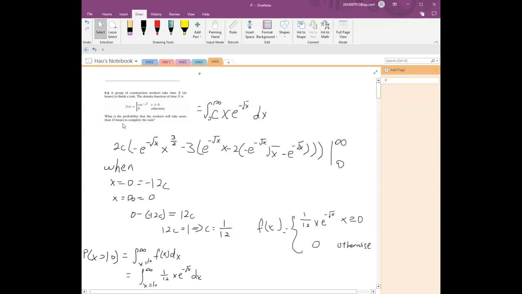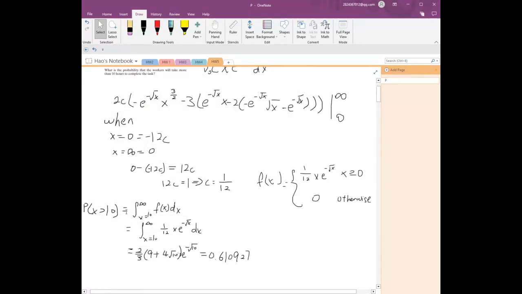Then it wants you to calculate more than 10 hours, so you replace the limits with 10 and plug in C to do it again, and then you get 0.610927 as a result. Okay, all right.